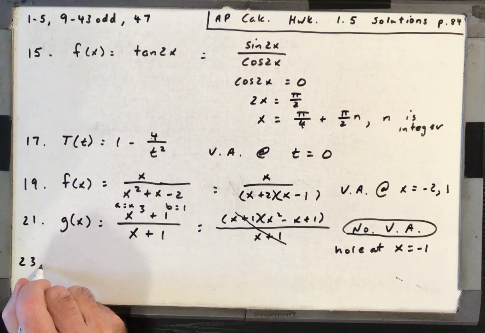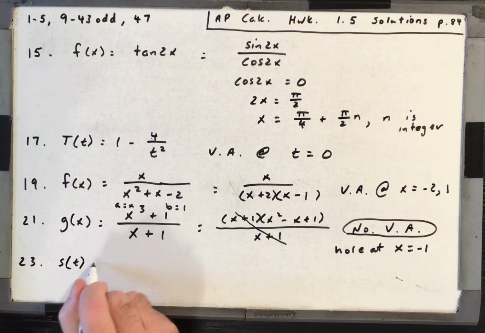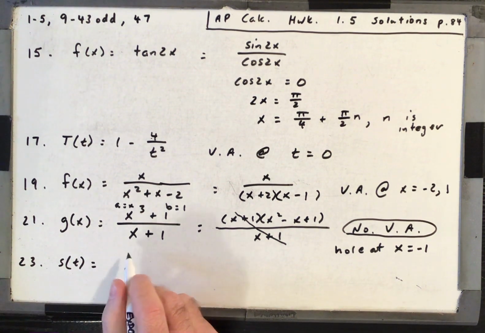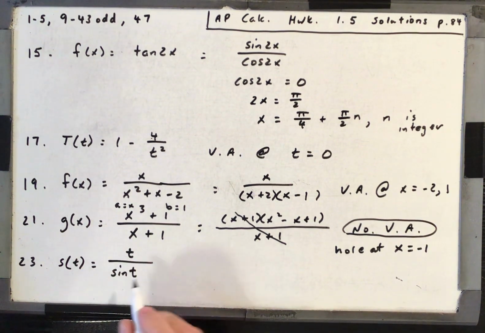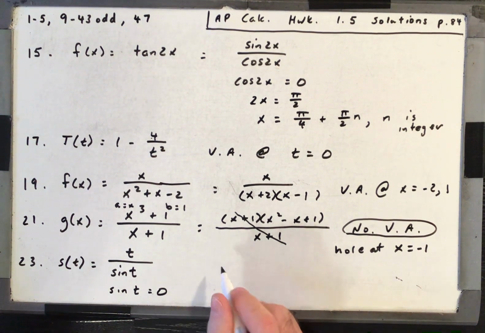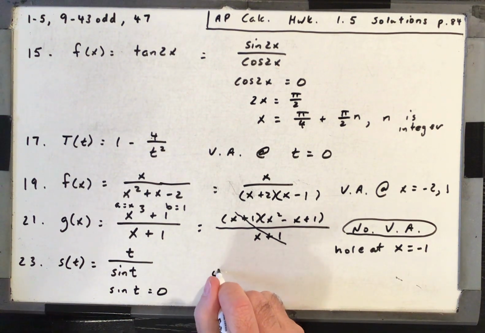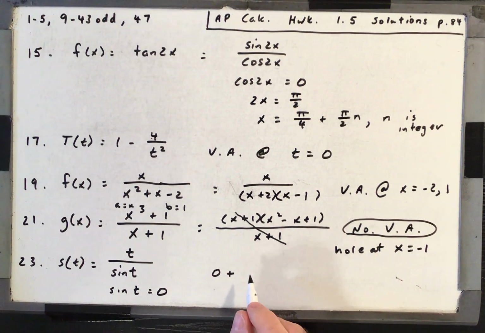Okay, 23, I have s of t equal to t over sine t. So it is where sine t is equal to 0. That would give us a vertical asymptote. Sine is 0 at 0, and then plus every pi units, the 0 comes around again.